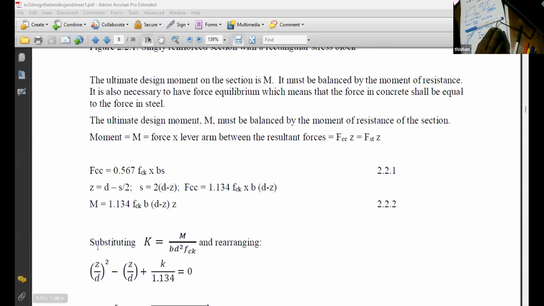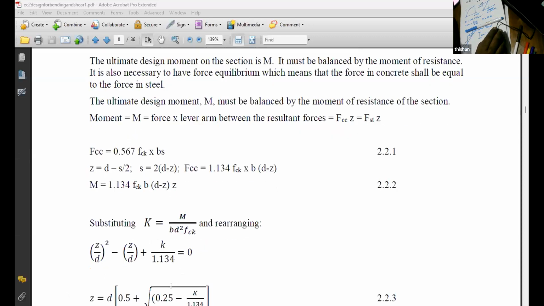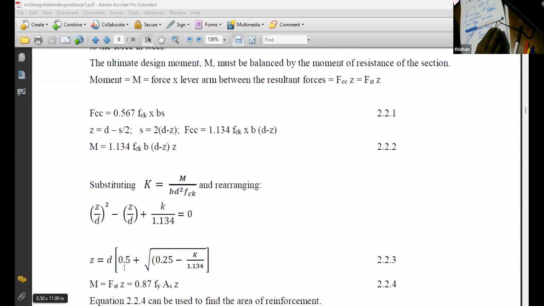This is the second order equation that we use to solve. The solution is Z as a function of K. K is equal to M over b d squared f_ck. So that means if you know the moment acting on a section, the breadth of the section, the depth of the section, and the cover to the reinforcement, you can calculate the d value. The grade of concrete that you are going to use is known, 30 megapascal or 35 or 40 or 25 megapascal.